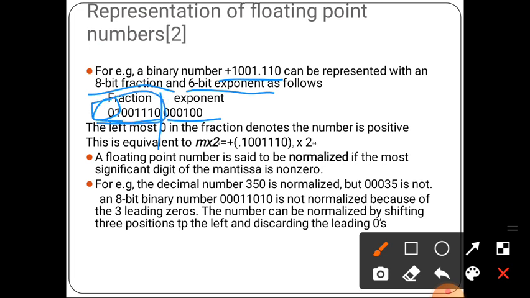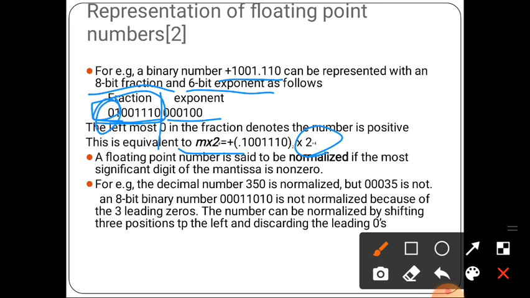To indicate a positive number, the leftmost bit is considered as 0. This is similar to m times 2 raised to e, which is equal to 0.1001 times 2 raised to plus 4.